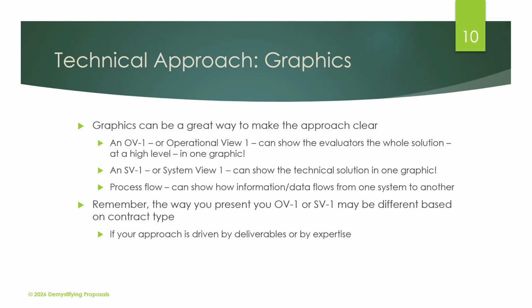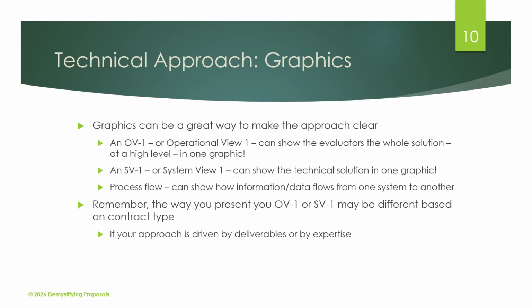There's a thing called an OV1, or an operational view, that can show the evaluators the whole solution at a high level in one graphic. Then you may want to do systems views that show the technical solution at a systems level. If you're developing a particular technical approach, you can do a systems view and show your technical solution in one graphic.